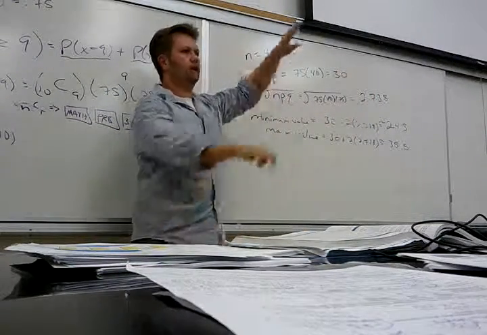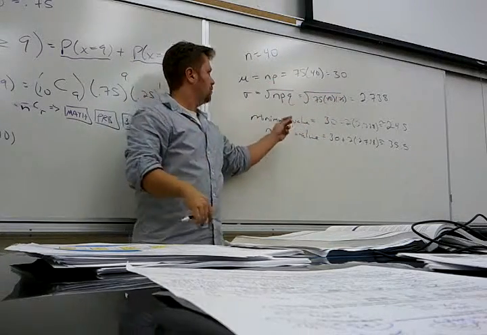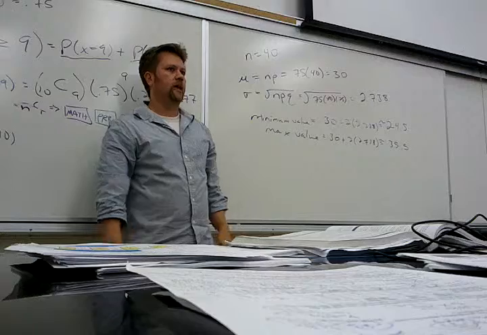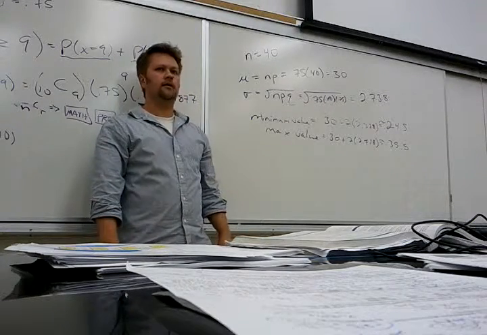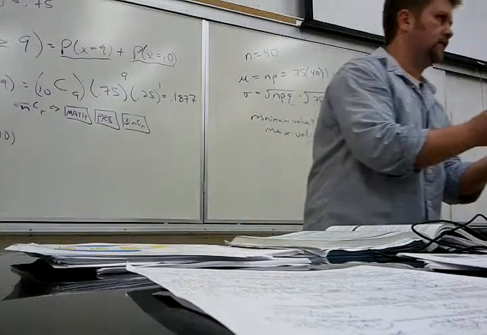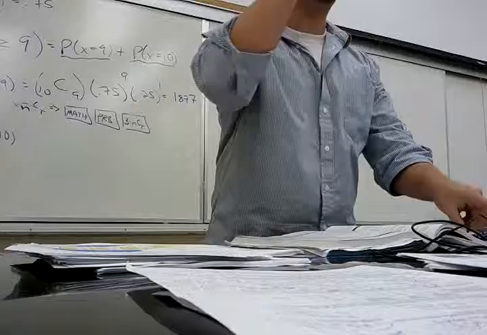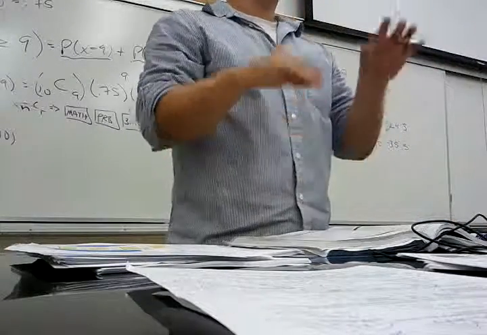So if I did take 40 randomly selected pea pods from this dude's place, and I found 10 of them that were green, what would that mean? That's unusual. Now here's the thing, this is the trick with statistics, and this is going to help us out in some very soon to be done sections.